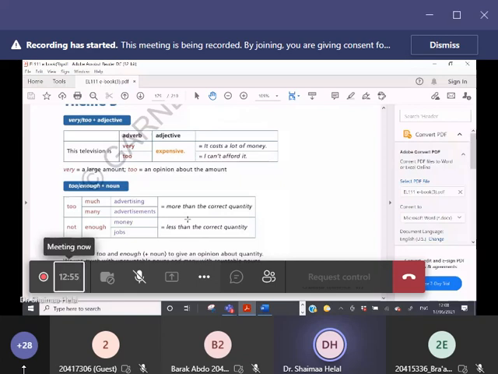For example, if you have 10 candidates and you have 3 jobs, you have not enough jobs for all of them. This means less than the correct quantity. Okay? This is the difference. Much and many are related to counting. We can use much or many according to the type of the noun followed by it.